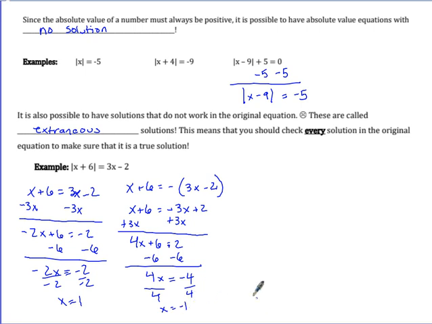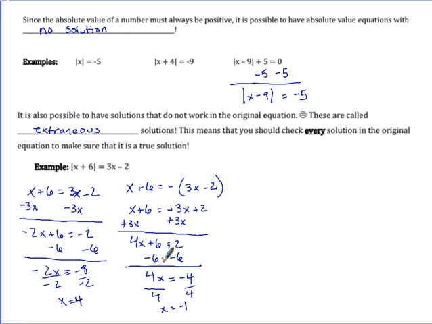And then I just noticed that I made a mistake over here. Hopefully you caught it when I was doing it. Teachers are not immune from mistakes, so right here, negative 2 minus 6, that should actually be negative 8, which would change my answer to positive 4. So my two answers that I got is x equals 4 and x equals negative 1.